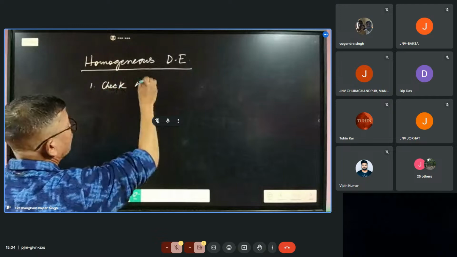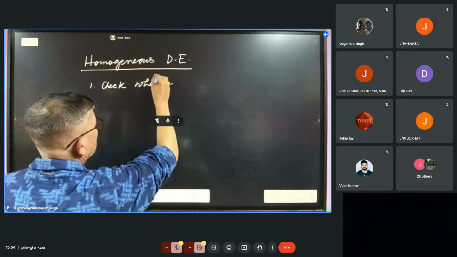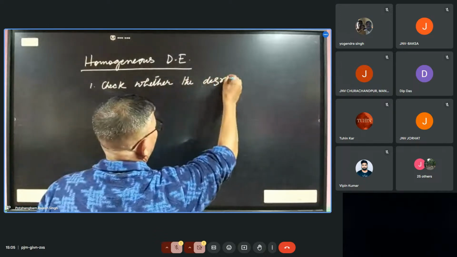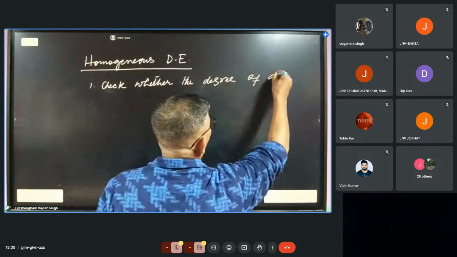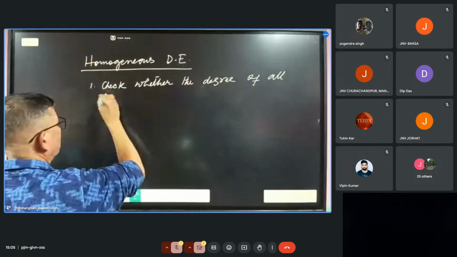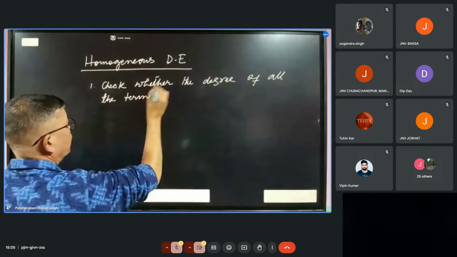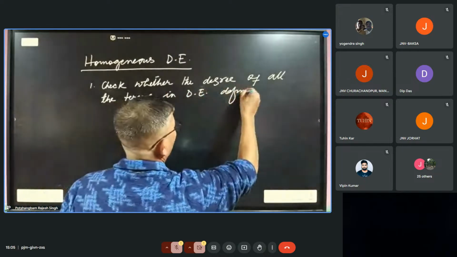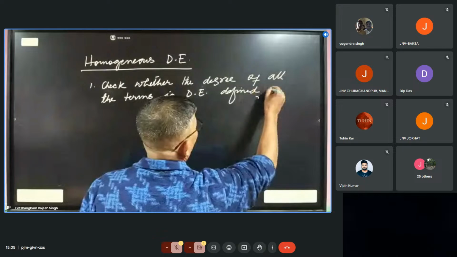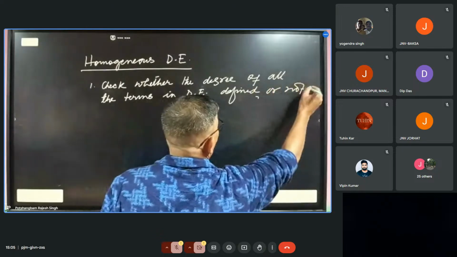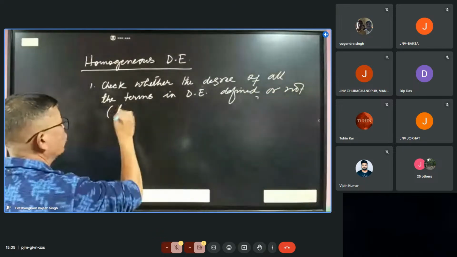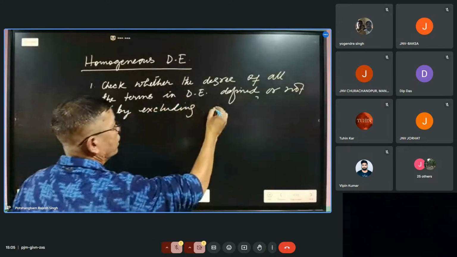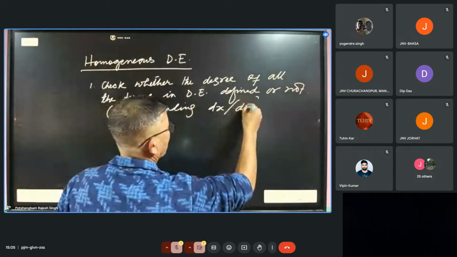set whether the degree of all the terms in the differential equation is defined, only by excluding dx, dy, or dy by dx.